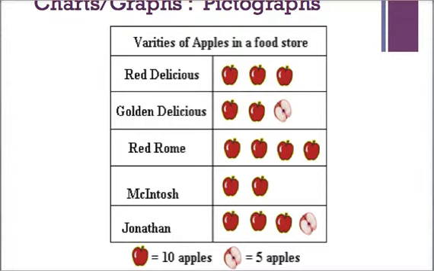A whole apple equals 10 apples, and a half an apple equals 5 apples. So how many Red Delicious apples are there in a given food store? You would count by 10, so there's 30. How many Jonathan apples in a food store? 35. So another easy way to represent information.